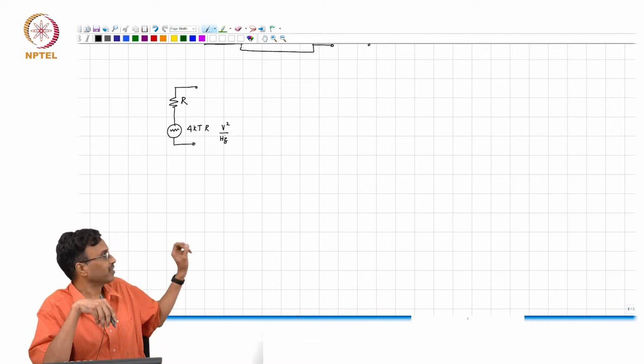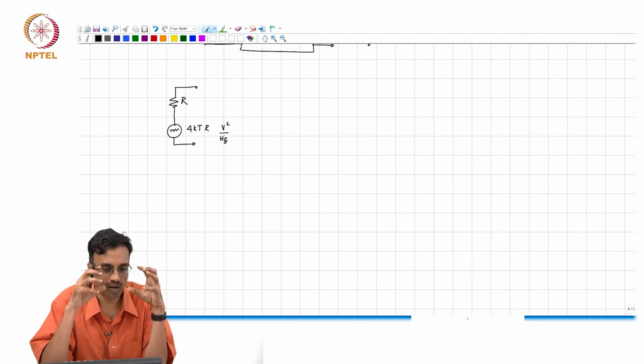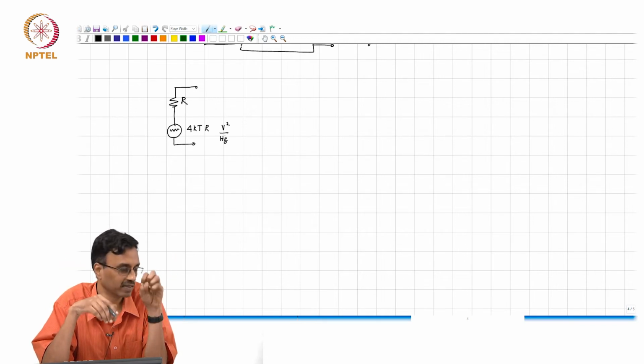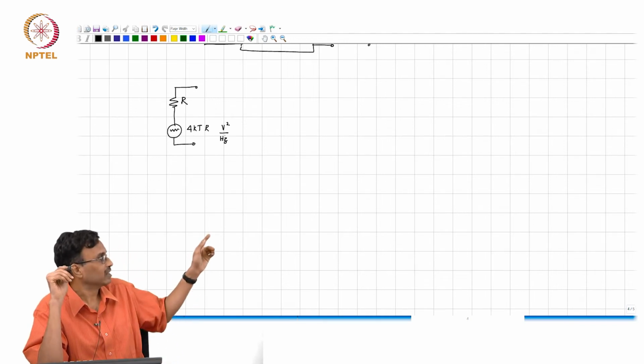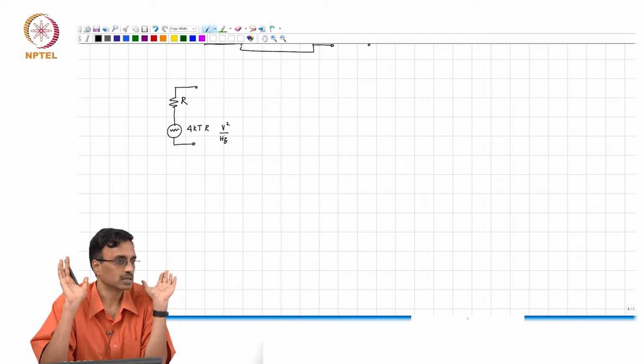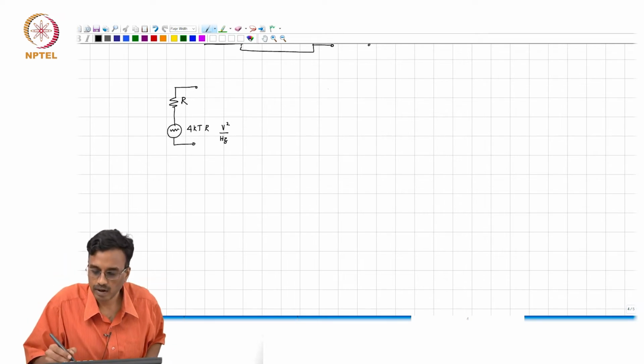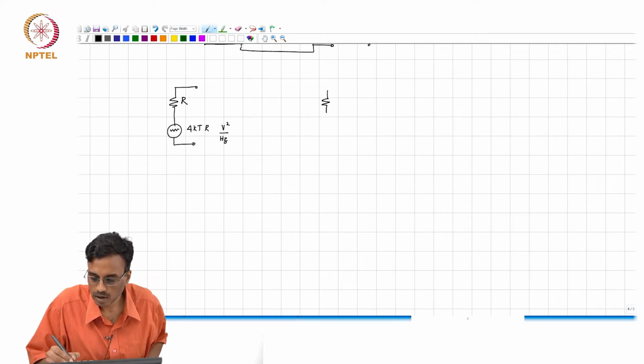You can think of it as there being a voltage source in series with every resistor, and the noise spectral density of that voltage source is this. Now, let us try and see if we can make some calculations.